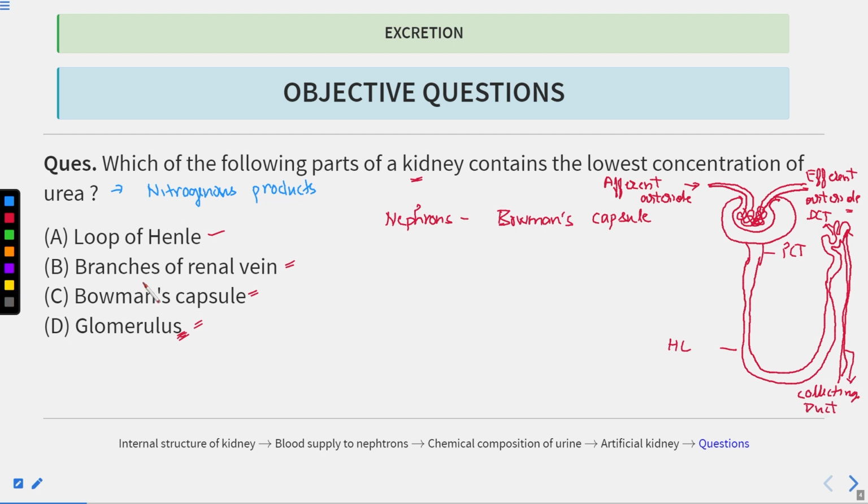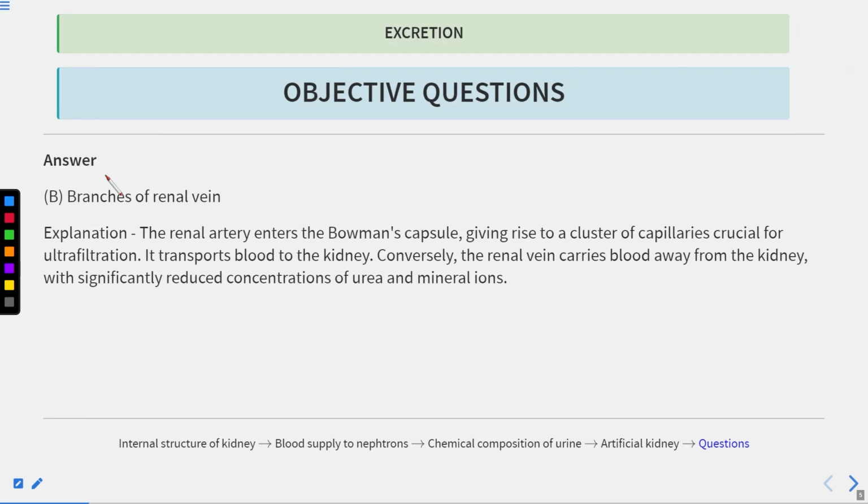All right, so these are the options. What should be the answer here? The answer is option B, branches of the renal vein. This will carry the least urea. Now what is the explanation to this answer?